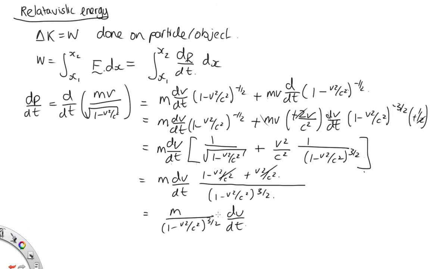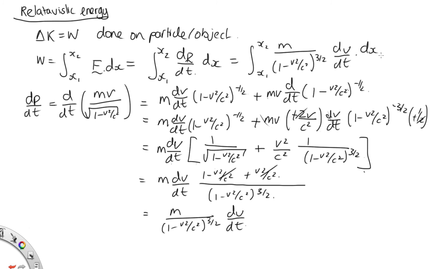And what we can do now is substitute this dp/dt into here. So we end up with the integral from x1 to x2 of m over (1 minus v squared over c squared) to the 3/2 dv/dt times dx.